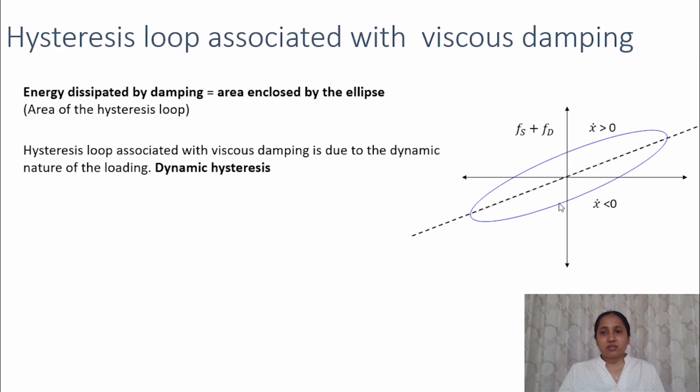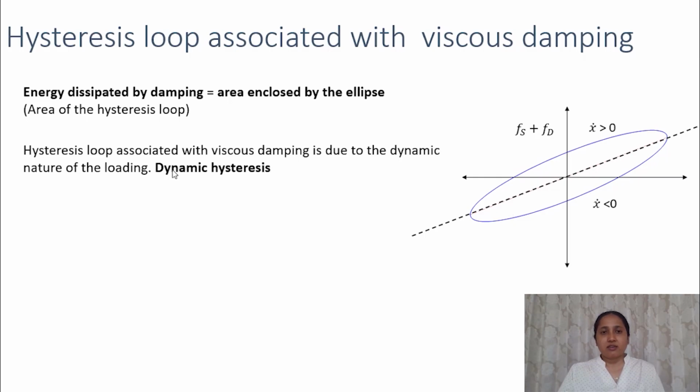So when a cyclic load is acting on an inelastic element, then also we get some hysteresis loops, and the shape of those loops will be different from this shape, but that will also dissipate some energy, but that will be due to plastic deformation.